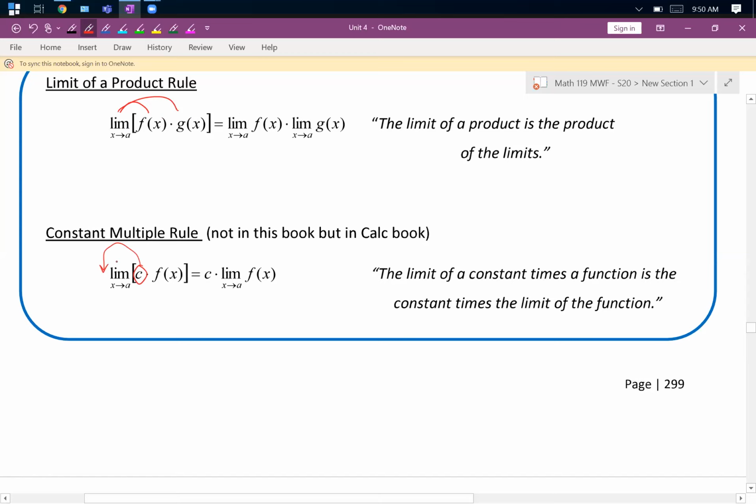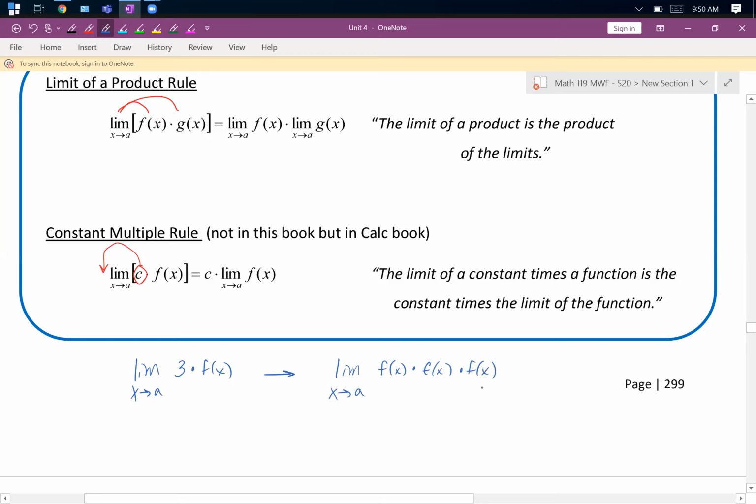But the reason that this works out is it's just an application of the rule before. So if I have the limit as x approaches a of 3 times f of x, well, that's the same as saying the limit as x approaches a of f of x, 3 times.